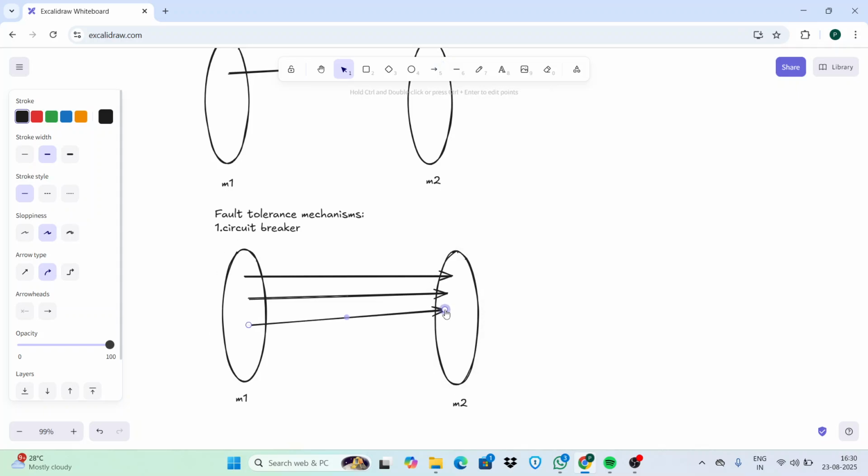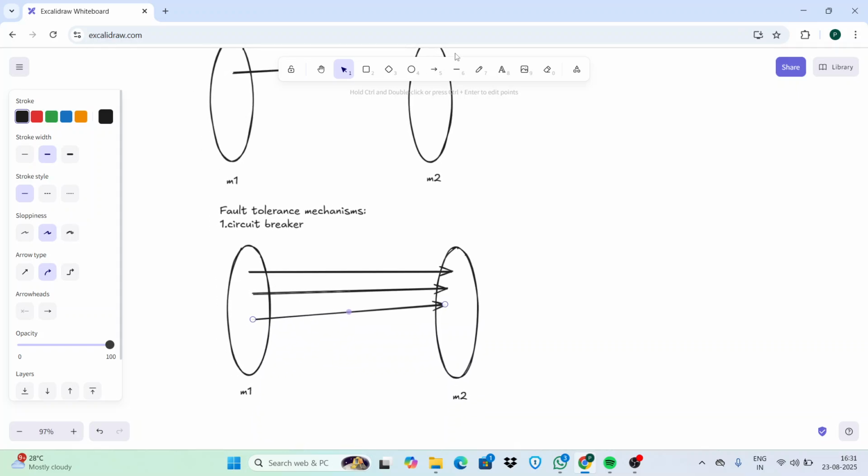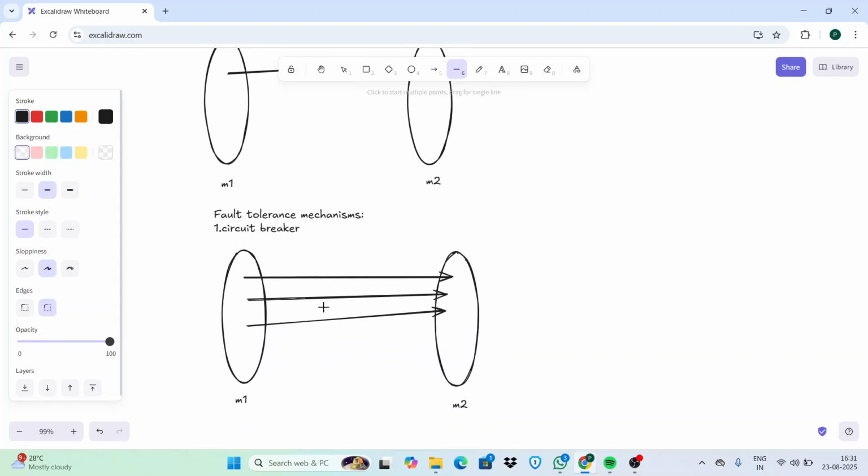So M1 is sending requests to M2, but M2 is busy and unable to process the request. So the circuit breaker mechanism is like a safety switch. If a service keeps failing 2-3 times, the circuit breaker stops further calling to that microservice.